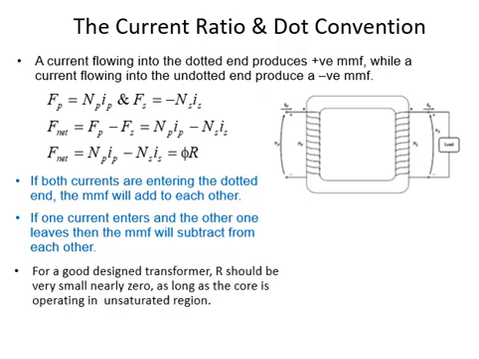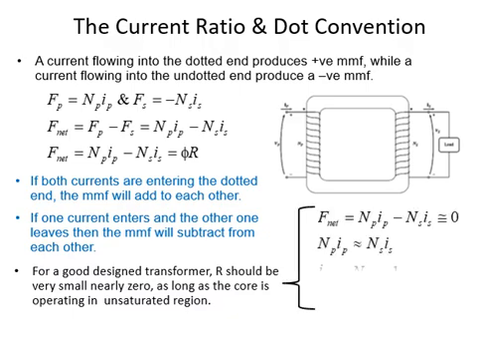For a good design transformer, R should be very small, near to zero, as long as the core is operating in the unsaturated region. The R over here refers to reluctance. So if we consider that R is negligible, we put 0 in this equation.